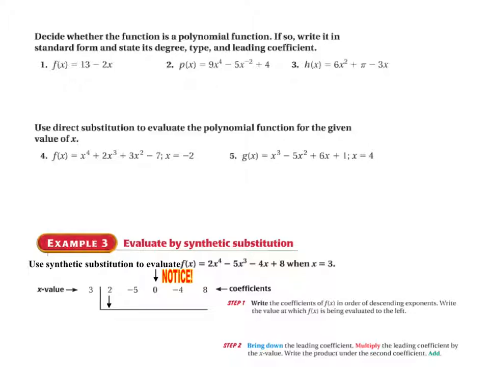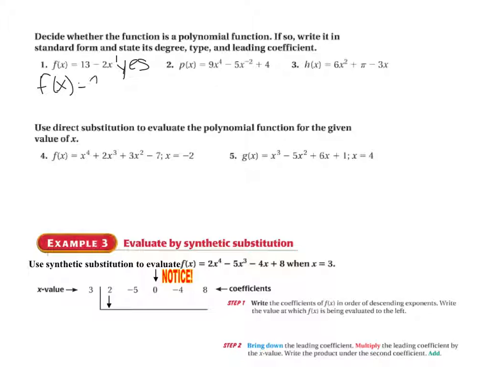Let's practice some of these questions. First, we want to know whether this is a function. We look at each of the exponents. This one is good, so the answer is yes. We need to write it in polynomial or standard form.